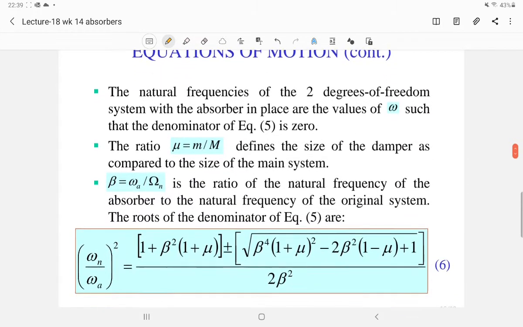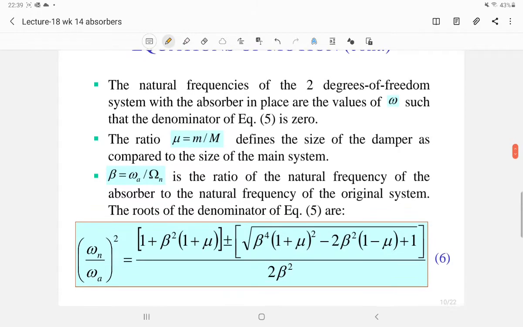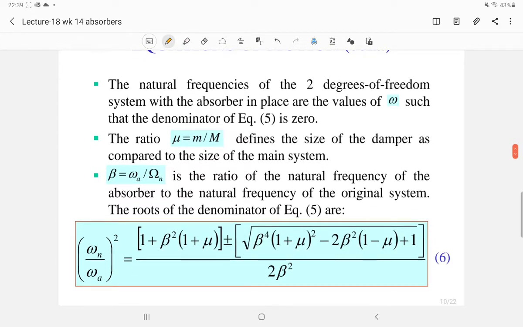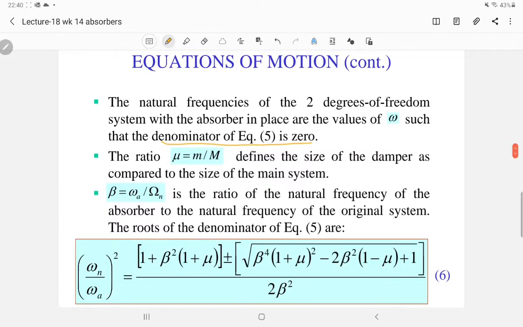That also gives you another expression: the natural frequencies of the 2 degree of freedom system with the absorber in place are the values of omega such that the denominator of equation 5 is 0. The ratio mu, which is small m divided by capital M, the mass of your absorber divided by the mass of the machine, defines the size of the absorber compared to the size of the main system.